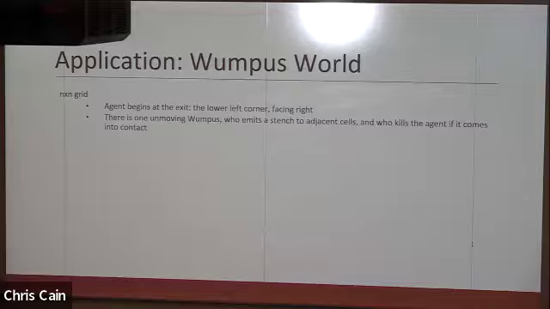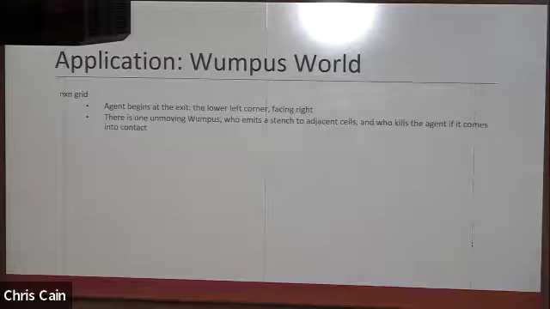Somewhere in this, so this is a dark, dank cave. This agent cannot see anything about where it is. Somewhere in this world, not at the starting location, is an unmoving, absolutely disgusting abomination of a creature called the Wumpus. It is truly disgusting. It emits a stench to every adjacent cell to its location.